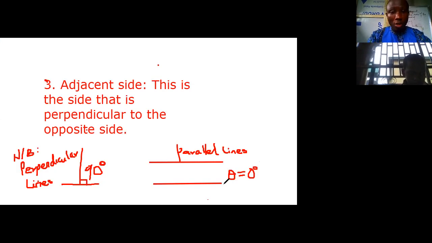So just write everything you're seeing. Parallel lines are lines that cannot meet. So you put an arrow on the two lines.